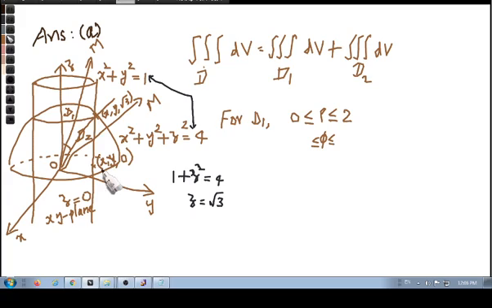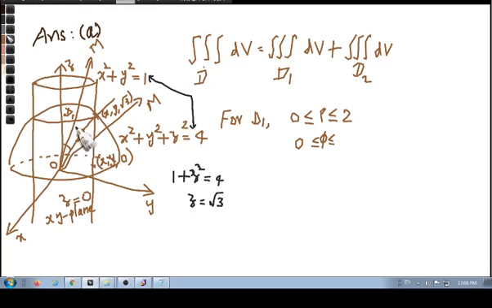So now what is this angle phi that we have to determine? So phi varies from 0 to what is the upper limit? It will be better to take tan.